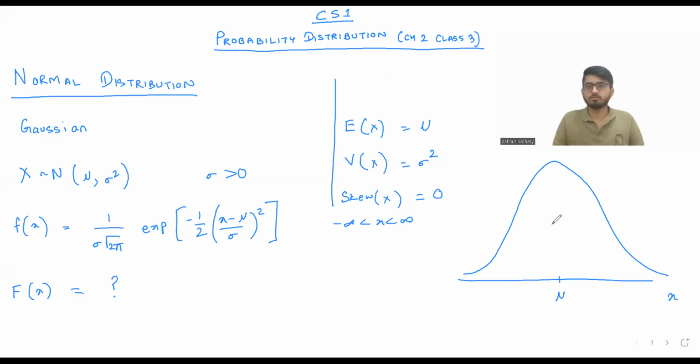Note that negative values are allowed. So maybe I can draw a graph in this form. This is f of x. That's why the name symmetric bell-shaped curve. If you look at this, it looks nothing but like a bell.